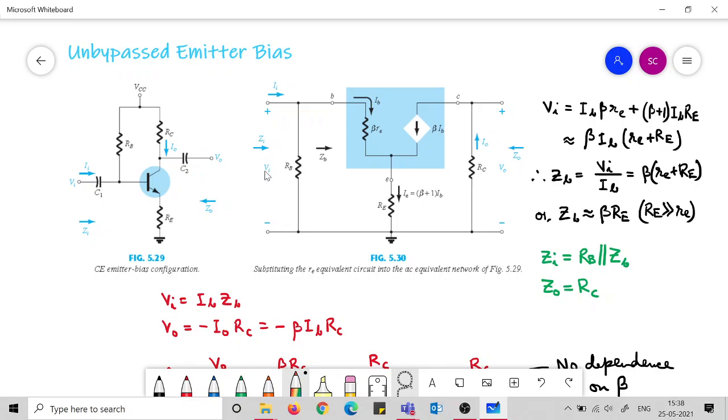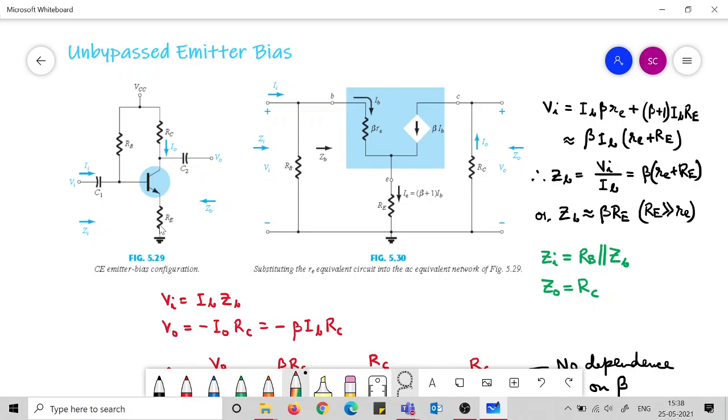Rest of the things you can make out now. RB is connected like this from the base point to ground. Then the resistance that the input current IB faces here is small re, but that is reflected beta times in this input side, beta times Re till the emitter point.